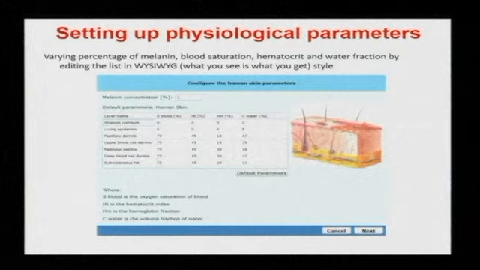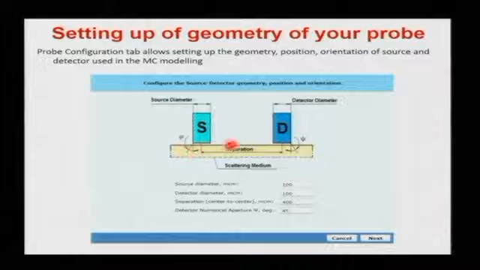So, and then when all the parameters are set in, we also suggest you select which particular probe you want to count for. For example, if it's a fiber optics probe, the diameter of the light source probe, the diameter of the detector, what the separation is, what the numerical aperture is here.